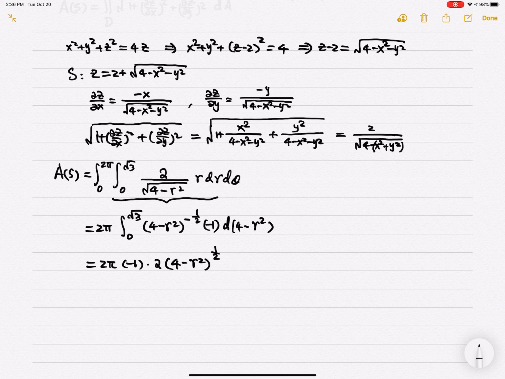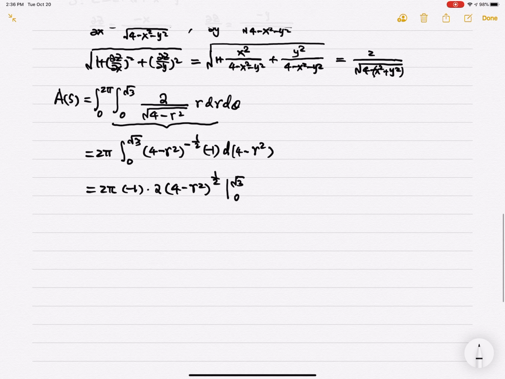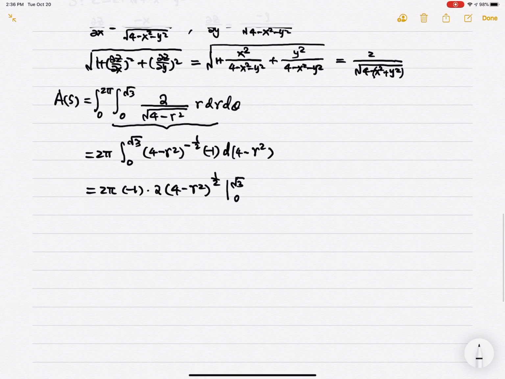You can think about calculating the derivative: this half comes down, cancels the 2, and then d of 4 minus r squared. So here we evaluate from 0 to root 3. So we are going to have negative 4 pi.